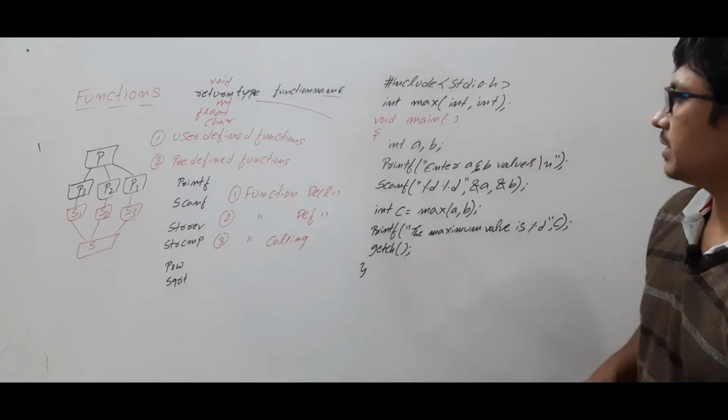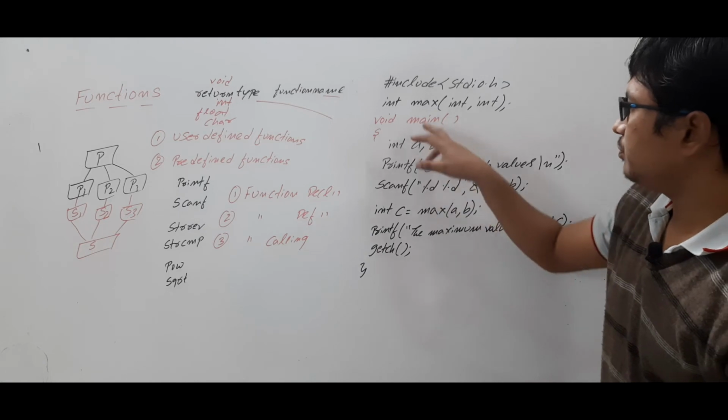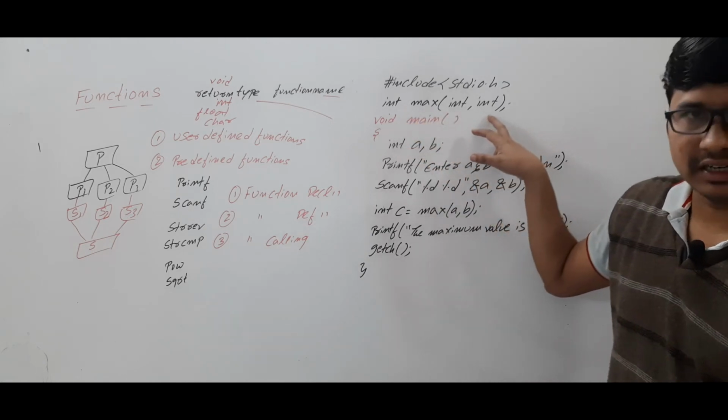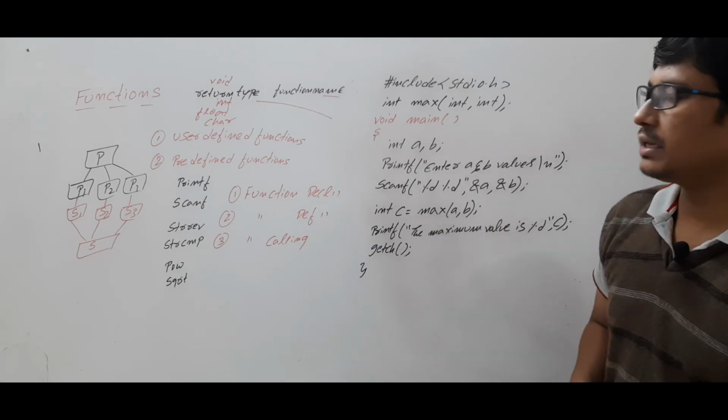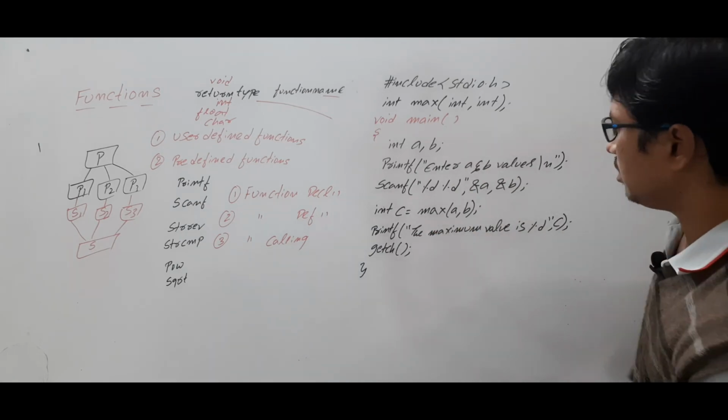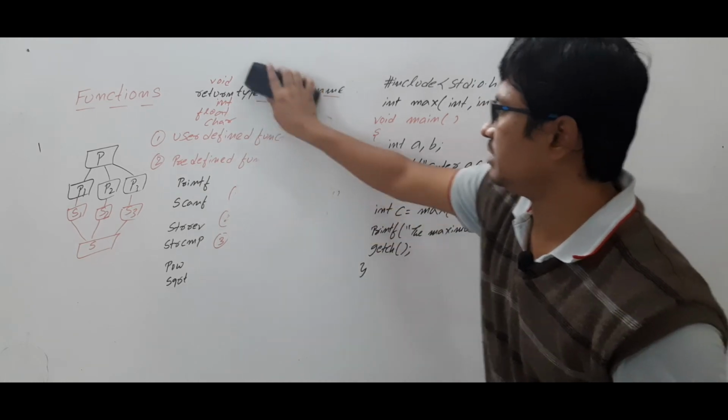So this is my main function. Now if you look at this one, this is the function declaration or function prototype, and this is the function calling. Now let me write the function definition of the max function, which is a user defined function.